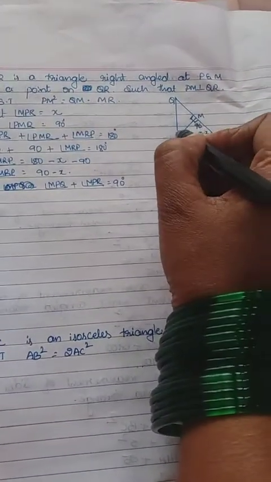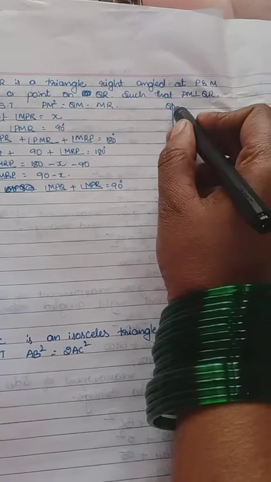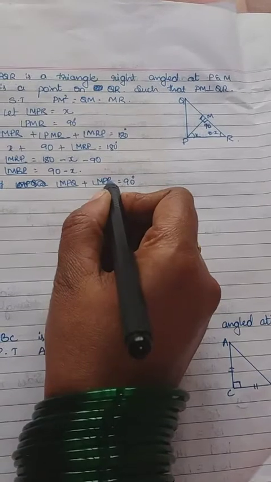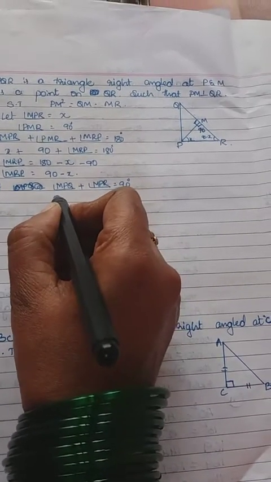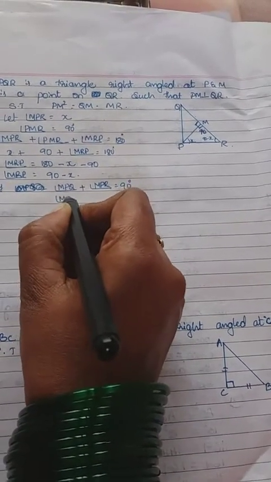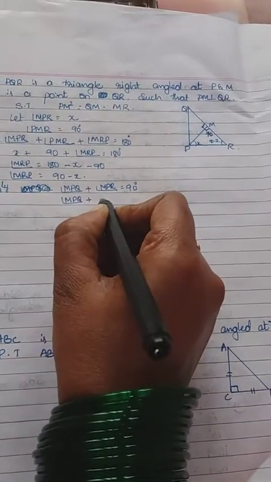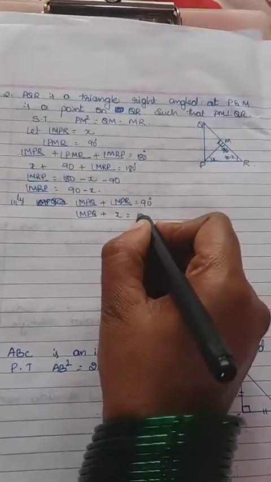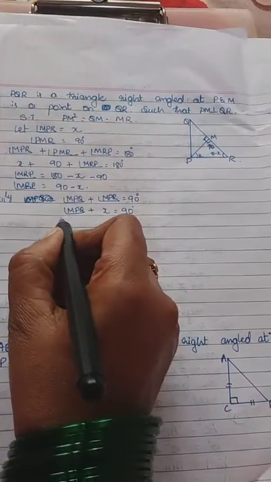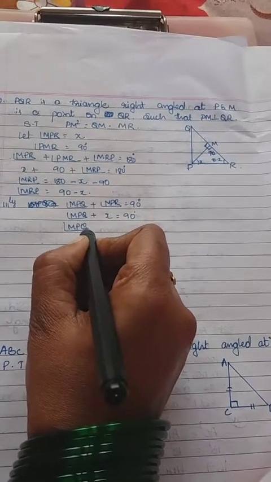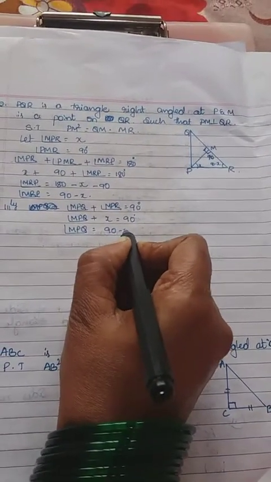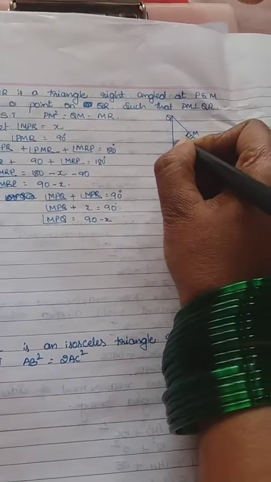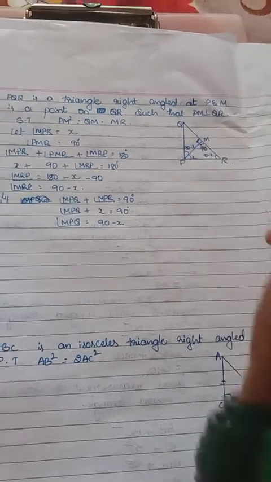You can see in this 90 degrees both the angles are there, MPQ as well as MPR. So MPQ, which we don't know, plus MPR, which is x as we have already taken, equals 90 degrees. So angle MPQ is 90 minus x. So this is also 90 minus x.